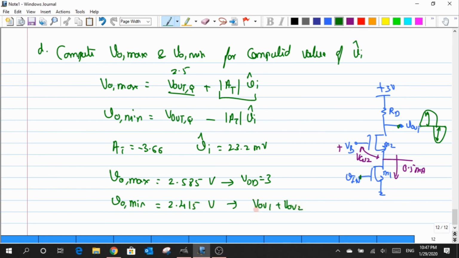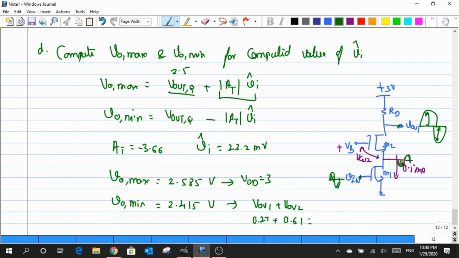If I recollect, our VOV1 was 0.27 plus VOV2 was 0.61. Even when I add up these quantities, they never go beyond the value of 1.